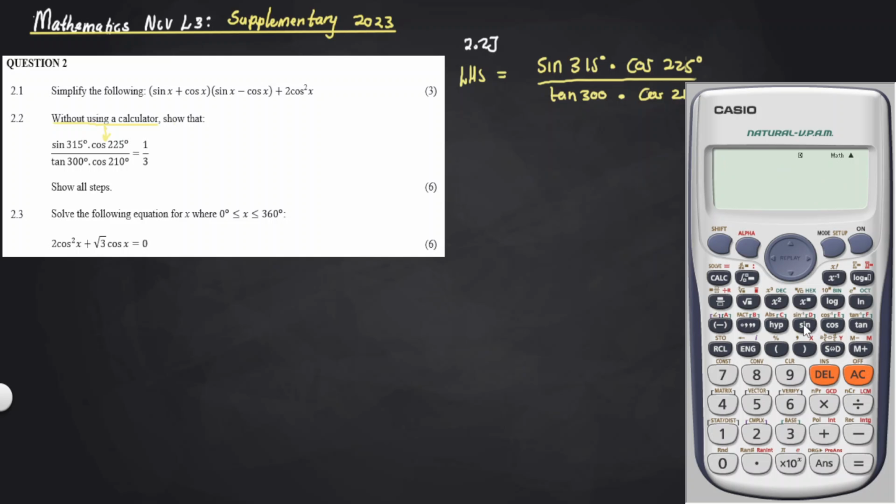Then you take your calculator and you try to be clever and say minus square root 2 over 2 multiplied by minus, okay, then it becomes tan 300. Then you write the next value, divide. Sometimes we have this divide, but it's all good. Don't forget it. Then we have cos 210. Then it becomes minus square root 3 over 2. Stop doing this.